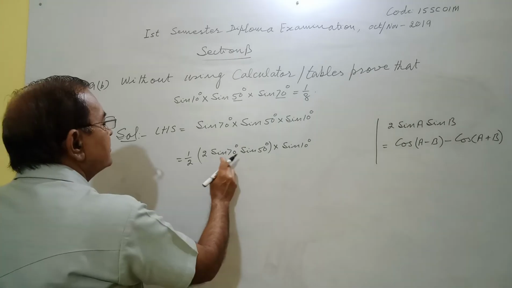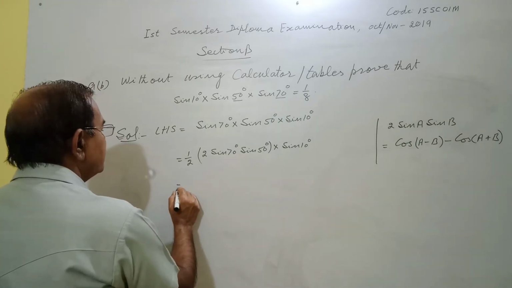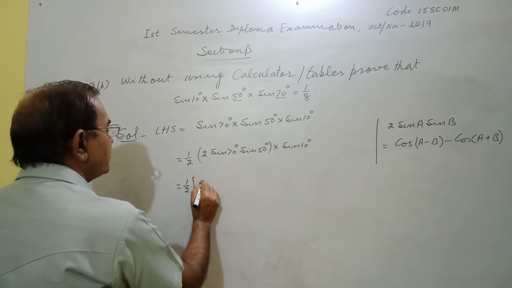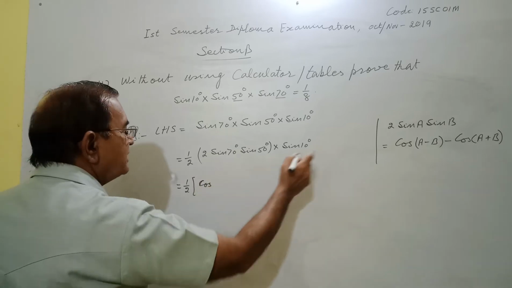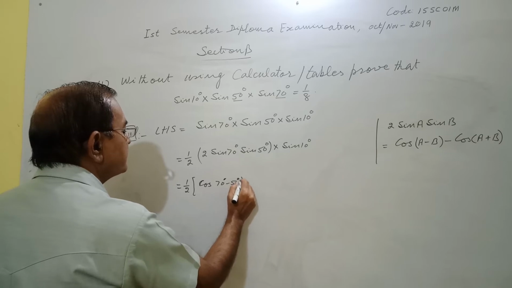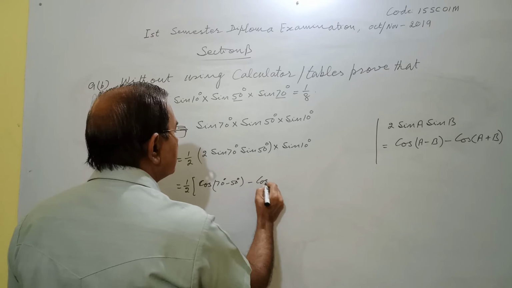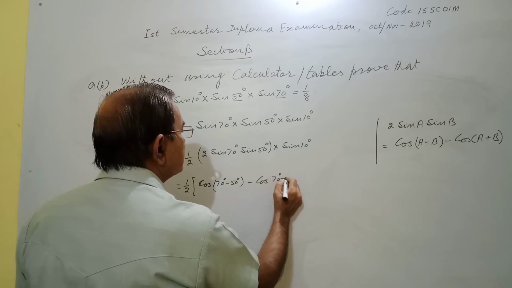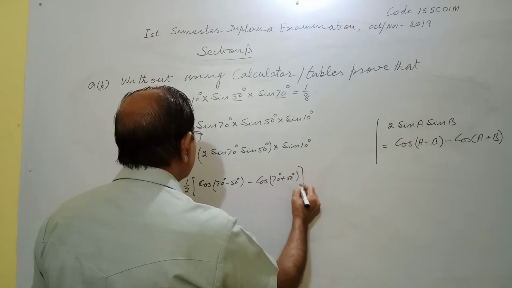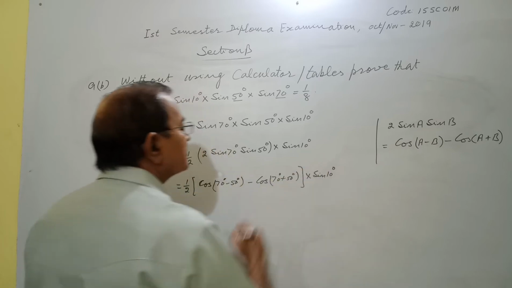So here 2 sin A sin B can be written as 1 by 2, first cos A minus B, that is 70 minus 50, minus cos A plus B, 70 plus 50, and then into sin of 10 degree.